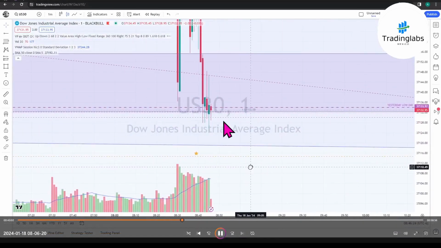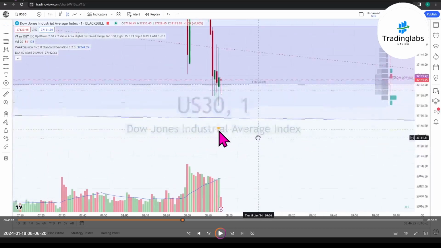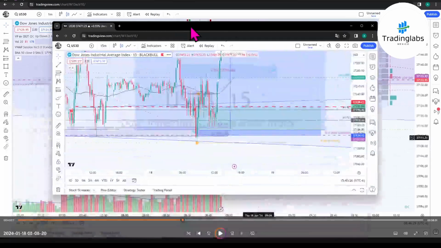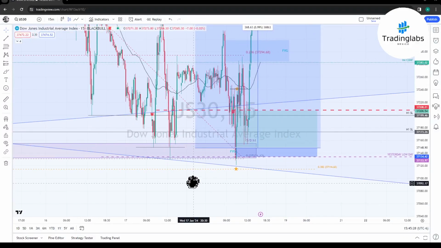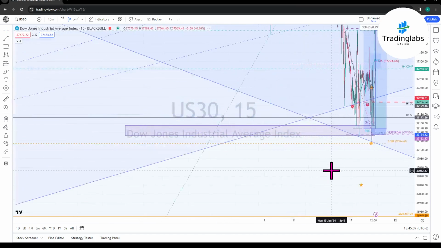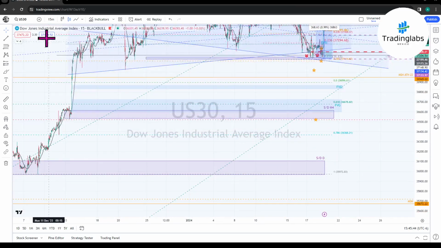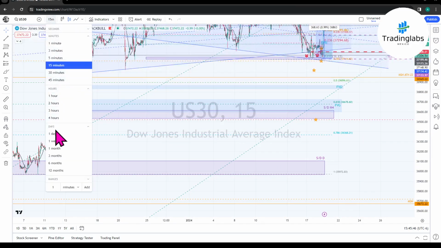I was waiting for the price to reach here, because in this zone was the 38.2 level of the Fibonacci retracement. I'm going to show you the other chart, the last chart, on the daily.